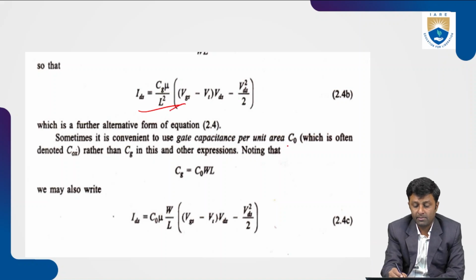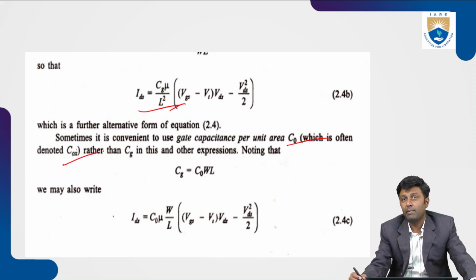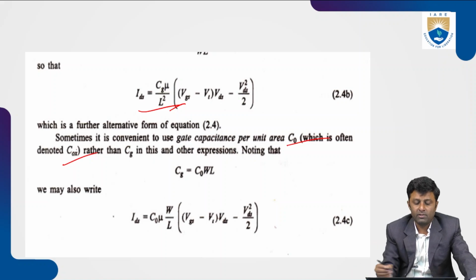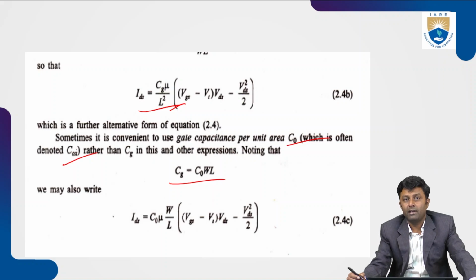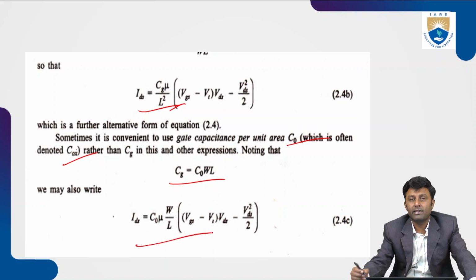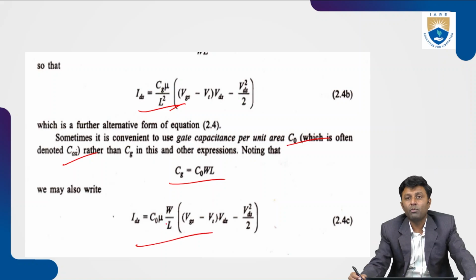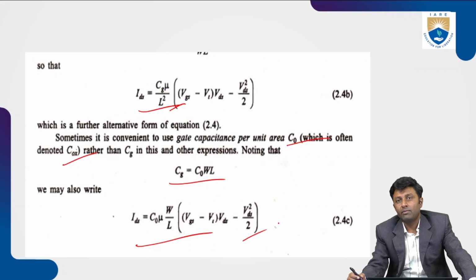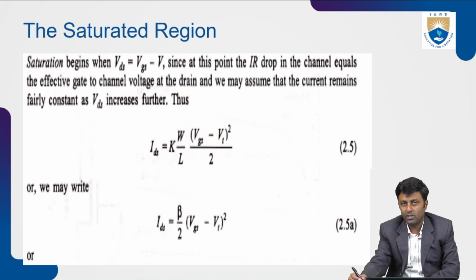Substituting C naught, the capacitance per unit area, often called Cox, we can write Cg equals C naught WL. We can also write IDS equals C naught mu into W by L, Vgs minus Vt into Vds minus Vds squared by 2. That is about the non-saturation region.